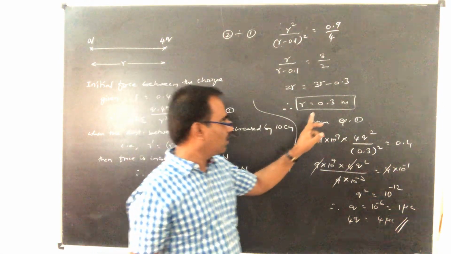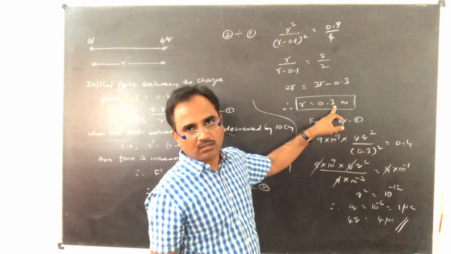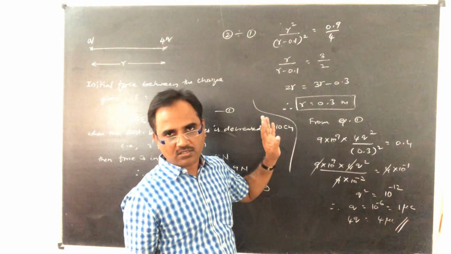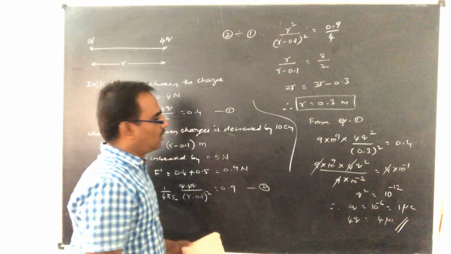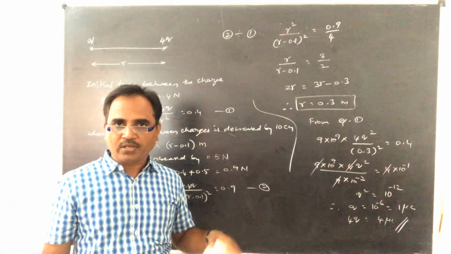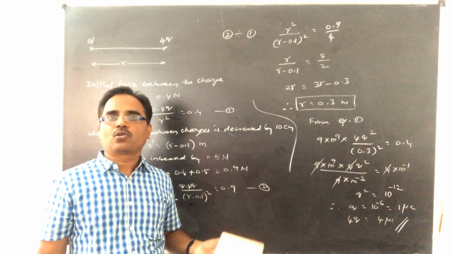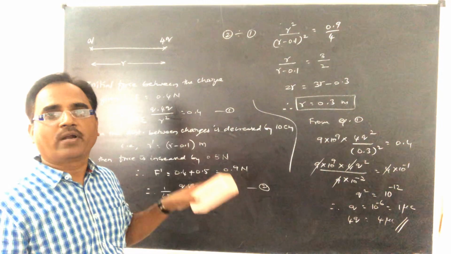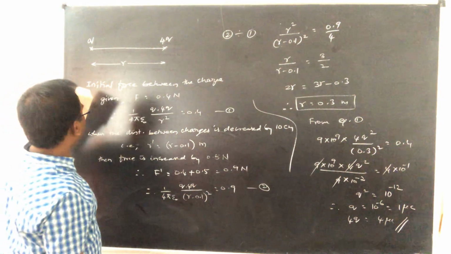So don't write as many digits as you get in your calculator. Unless you practice the problems by yourself, you won't get idea to solve problems at the time of board examination or in the annual examination. So we shall take up one more problem.